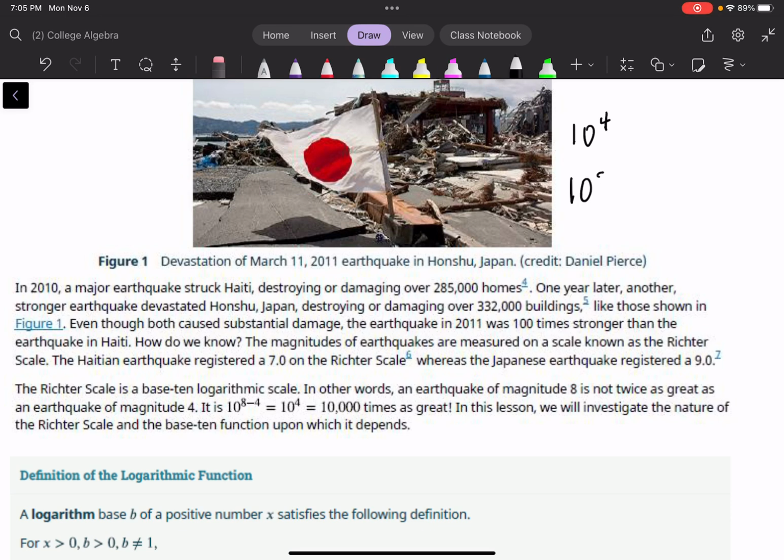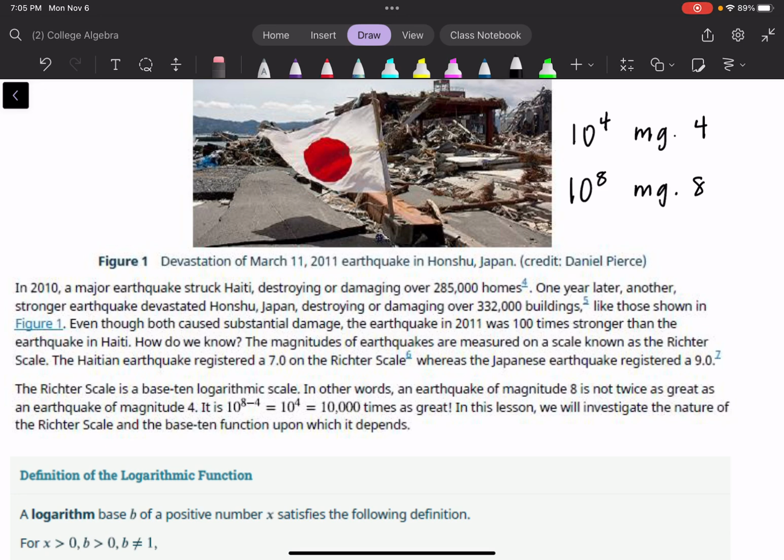The intensity of a magnitude 4 earthquake on the Richter scale is 10 to the fourth power, and the magnitude 8 has an intensity of 10 to the 8th power. So this is not a relationship where 4 times 2 is 8, so it's twice as strong.